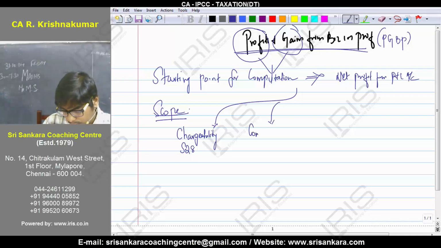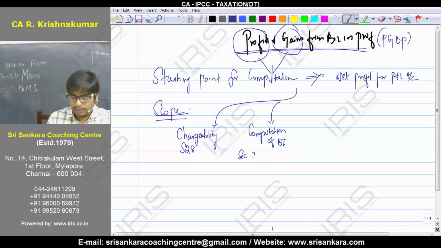Next, computation of business income: section 29, sections 30 to 43D.